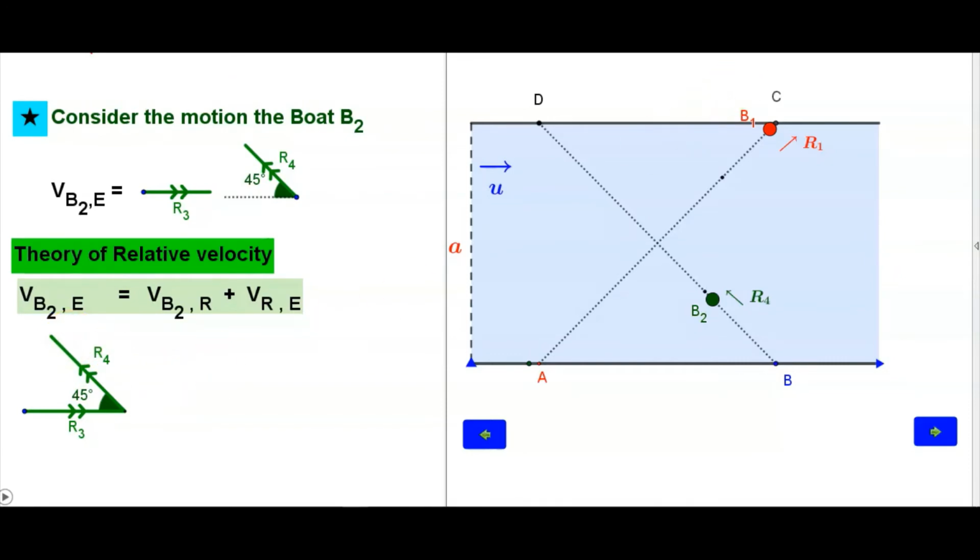B2R is given as V, and the river velocity is horizontal, U.